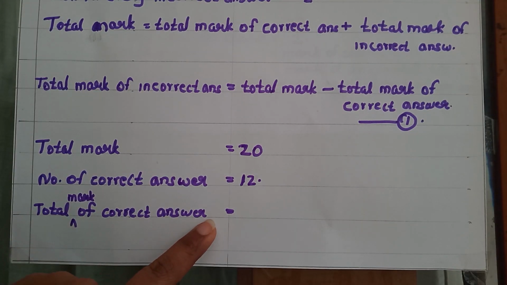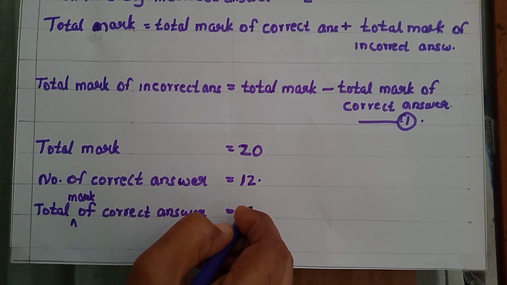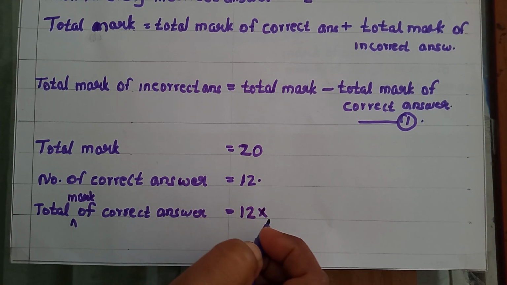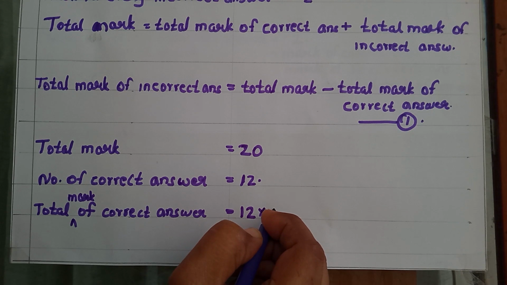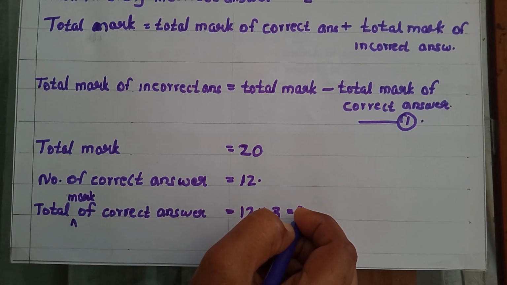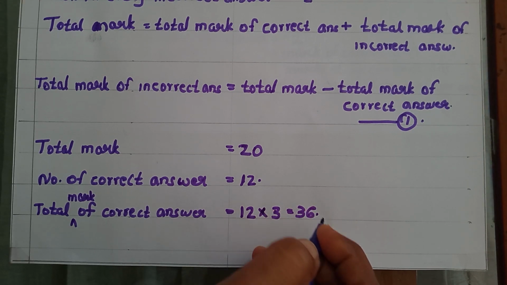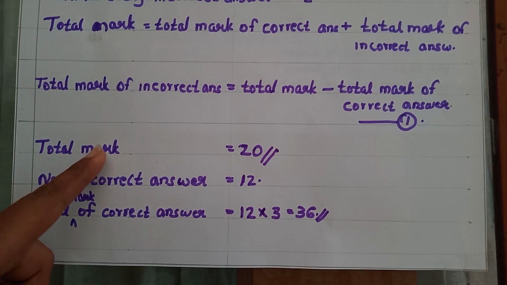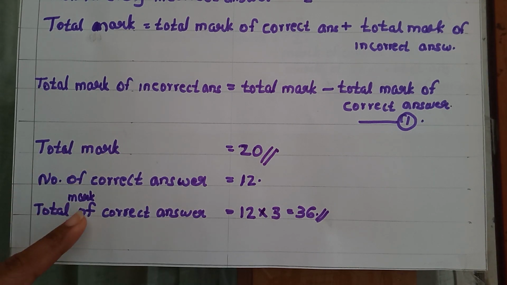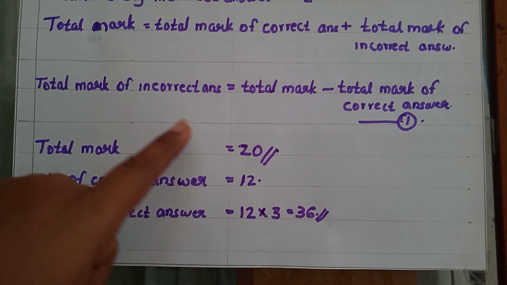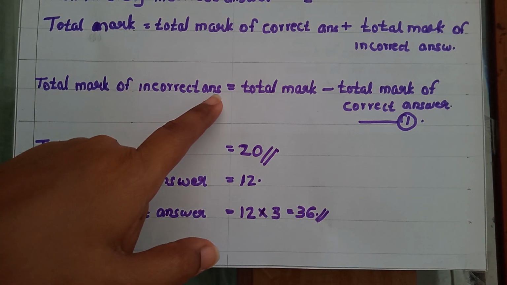Total mark of correct answer equal to number of correct answers into mark of one correct answer, that is 12 into 3 equal to 36. So we got the total mark and the total mark for correct answer. From these two data, definitely we will get total mark of incorrect answers.